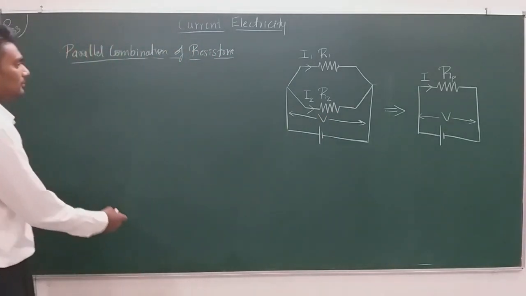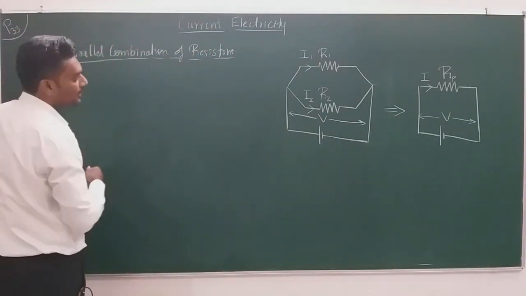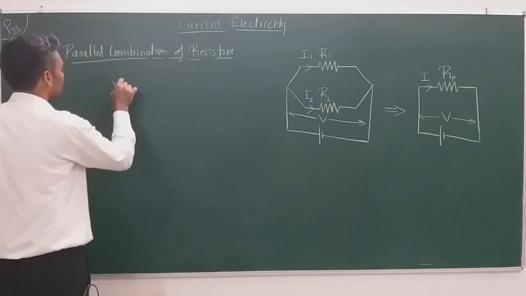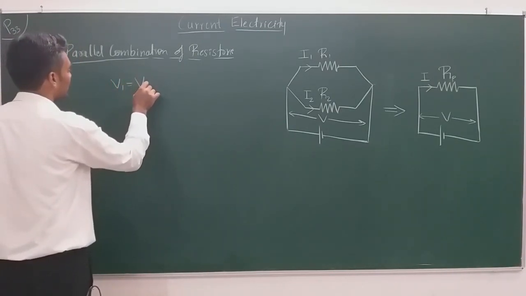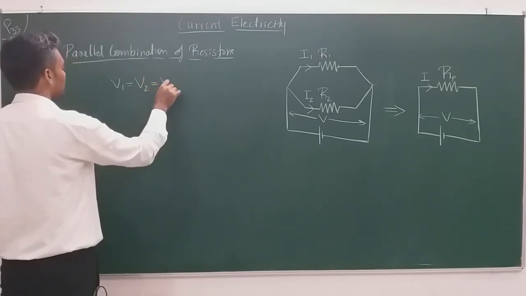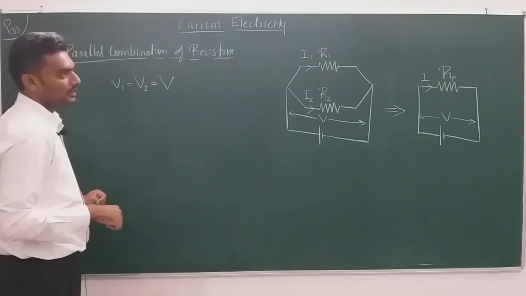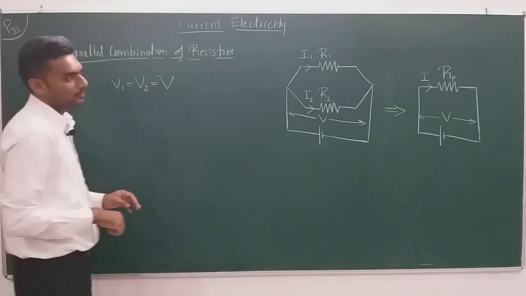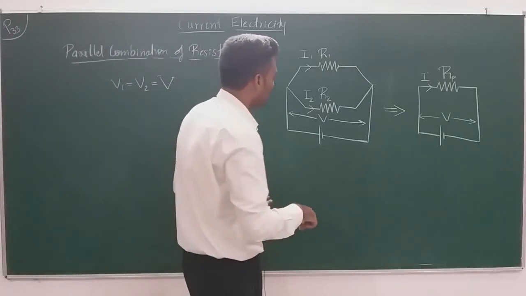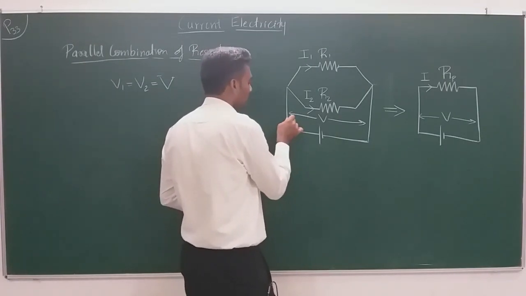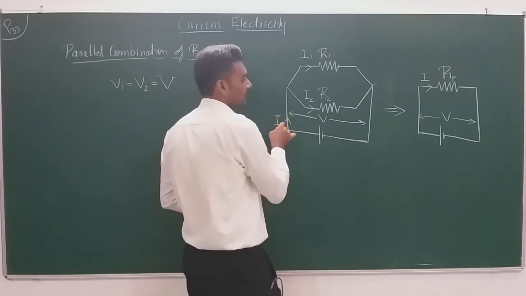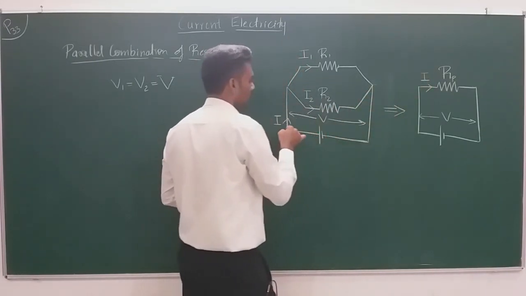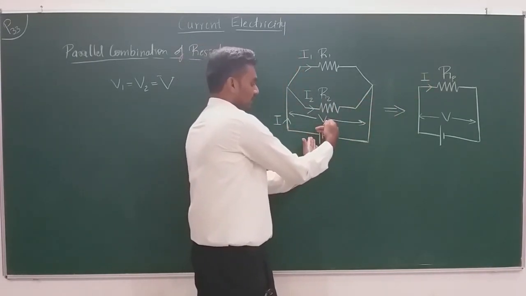Now, since it's the same potential difference maintained across the resistors, I can write V1 is equal to V2 is equal to V, but the currents will be different. See, with the example of water flow, here is current I, which is the same as this, which will be the same as this current. This is the actual current.